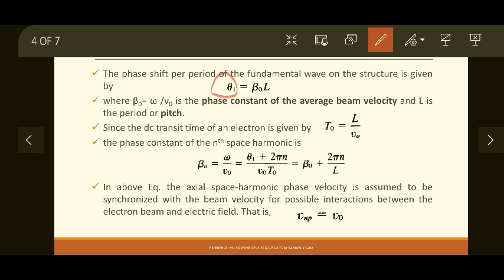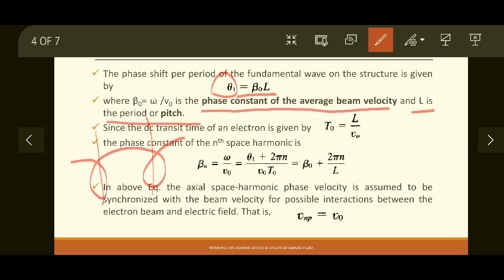Theta 1, the phase shift, is given by phase constant multiplied by the pitch, where beta 0 is the phase constant given by omega upon v0, v0 being the phase velocity for the fundamental wave, from the average beam velocity, and L is the period or pitch. What is pitch? That is the distance between two turns.